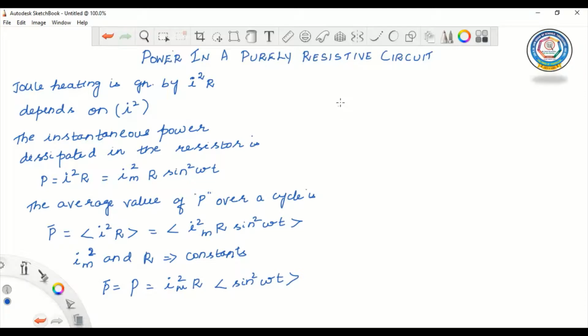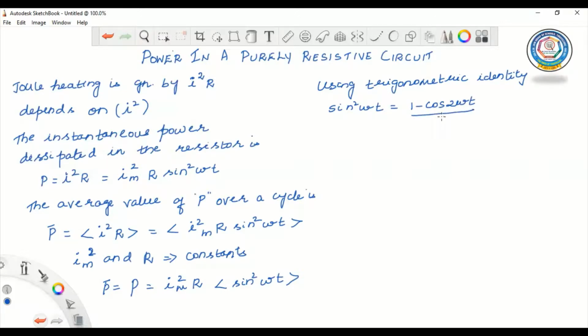Using it, sine square omega t is written as 1 minus cos 2 omega t by 2.